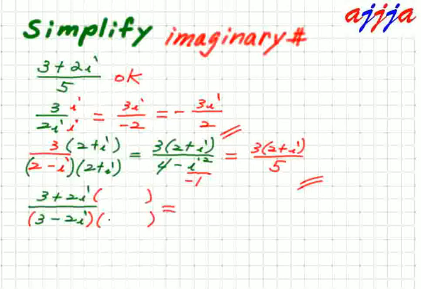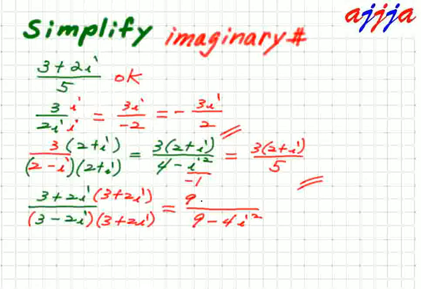We only worry about the bottom, not the top. So 3 plus 2i. The bottom is going to be 3 times 3 is 9 minus 4i squared. You know that i squared means negative 1, so we'll talk about that later.